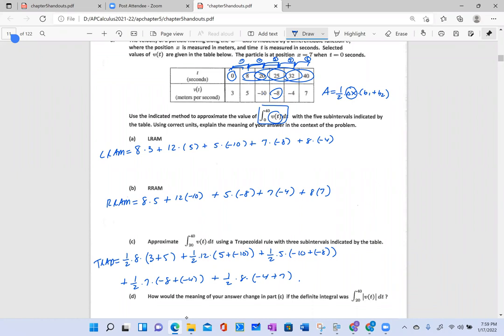I just realized I did the whole thing from 0 to 40, but it said only 20 to 40. So if we wanted only 20 to 40, then we would go from here to here. Erase.